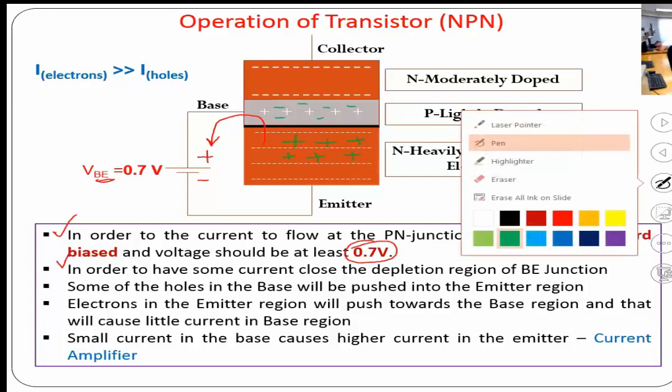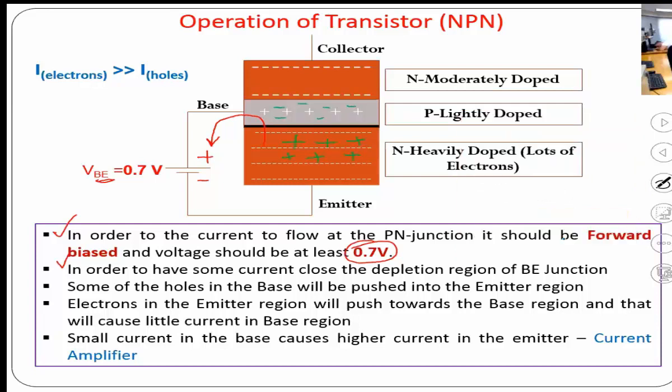So this is where the term bipolar came in. Now we are saying that all these electrons will go towards the supply like this. What about the minority carriers, which are electrons here and the holes here? Part of this current will be towards this way as well, but that current is going to be extremely small.